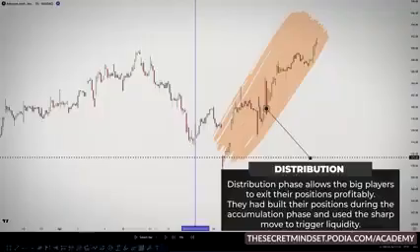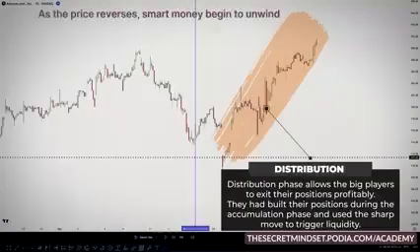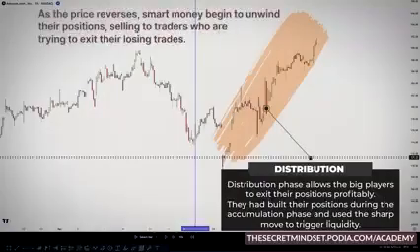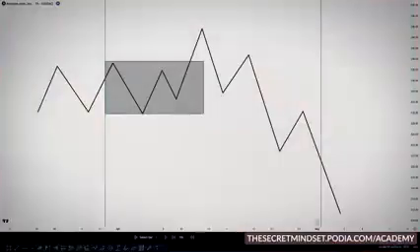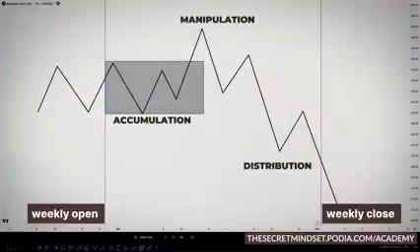They had built their positions during the accumulation phase and used the sharp move to trigger liquidity. Now, as the price reverses, they begin to unwind their positions, selling to traders who are desperately trying to exit their losing trades. If you trade on lower time frames, you will get trapped.